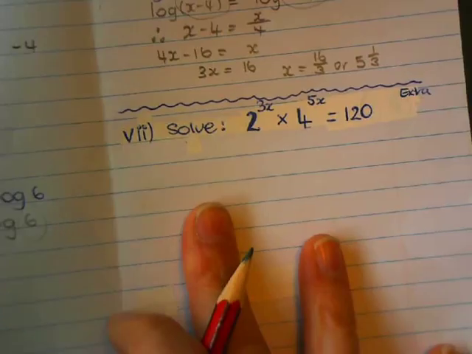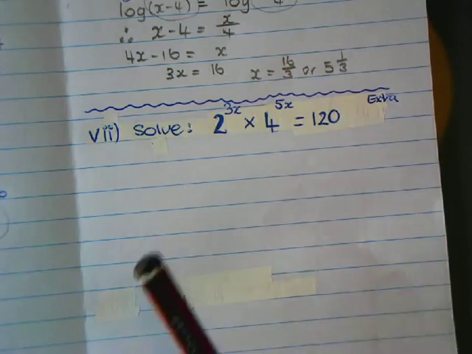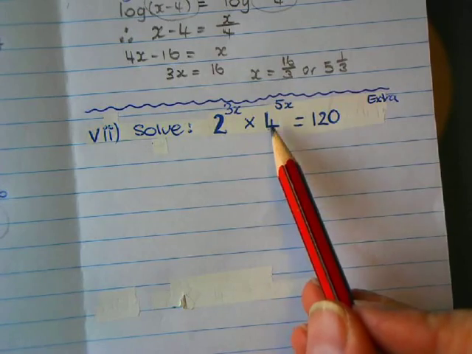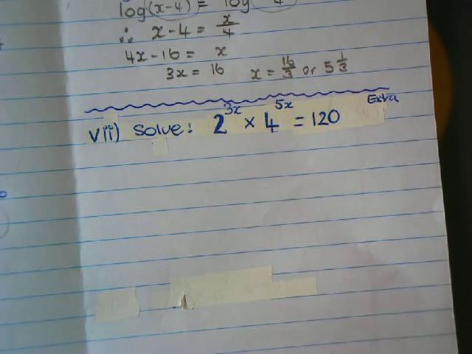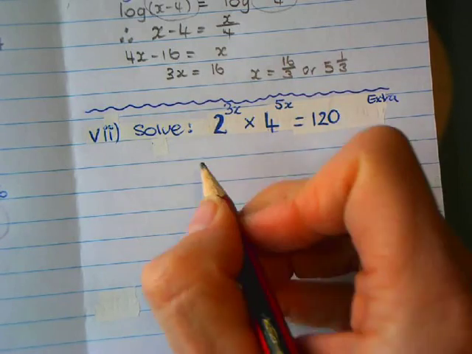Last one. Solving something like this, not to do with logs directly. Actually, you have to know your powers first, then you use logs later on. So I've got 2 to the power 3x times 4 to the power 5x equals 120. This can be written in terms of base 2. That's what I need so that I can simplify this side of the equation.